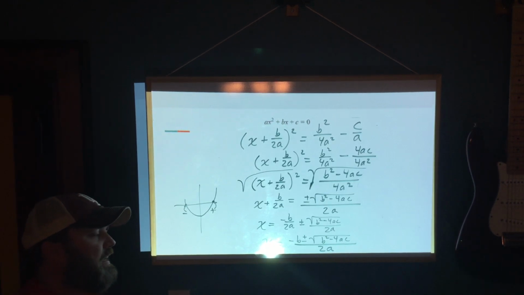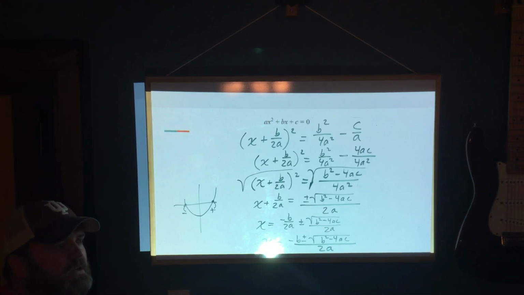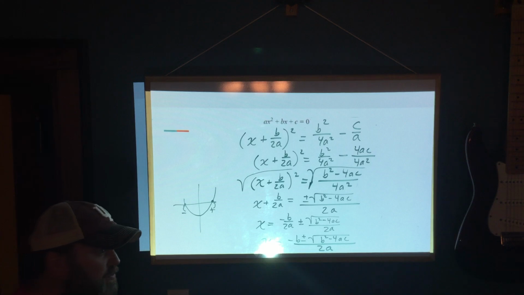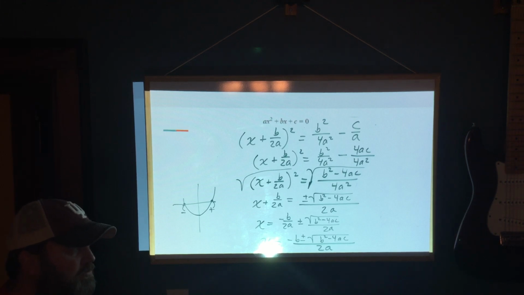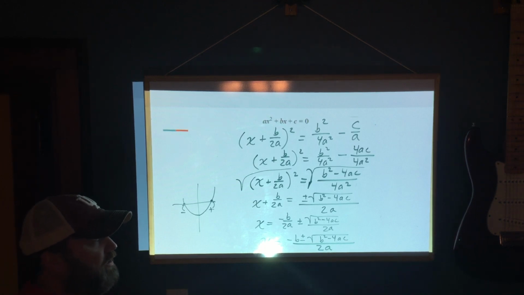I would say solving equations is more important than this. I would say knowing how to graph lines is probably more important than this. But probably the third most important thing that you'll use in upper level math is this quadratic formula.